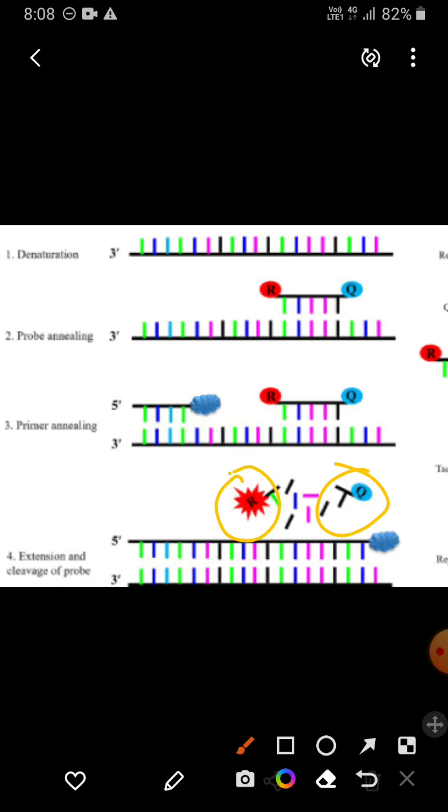Now this fluorescent probe can independently fluoresce and send a signal.